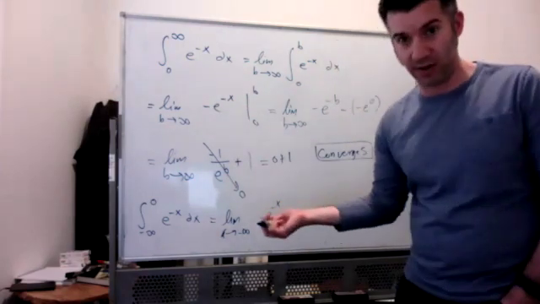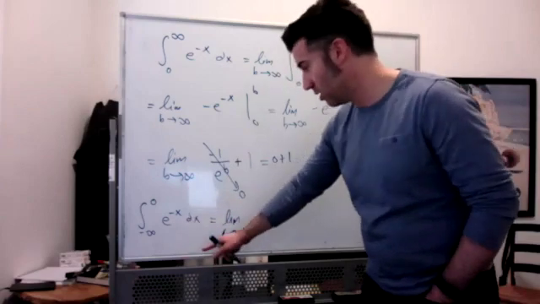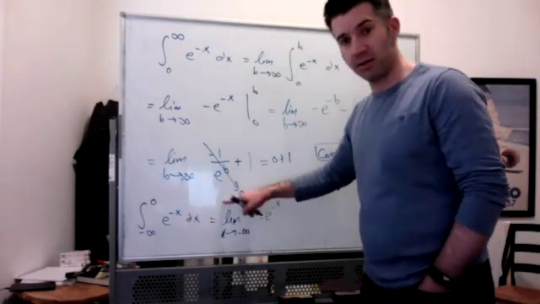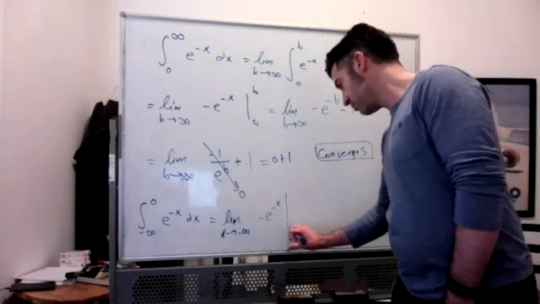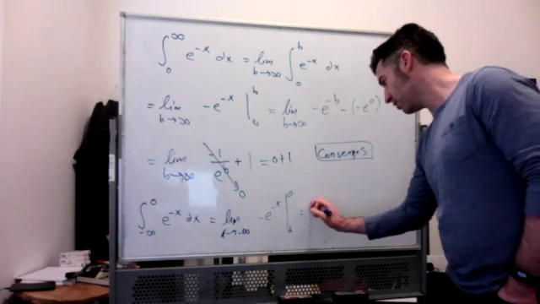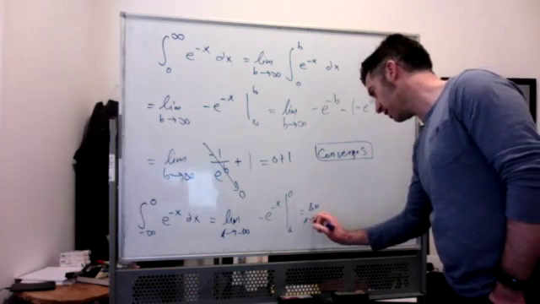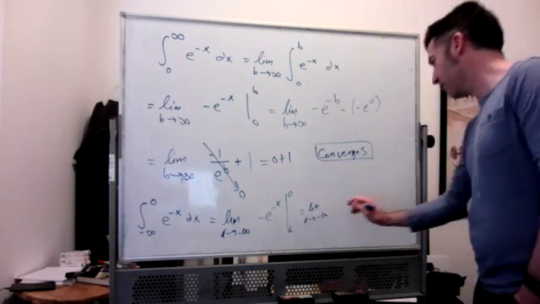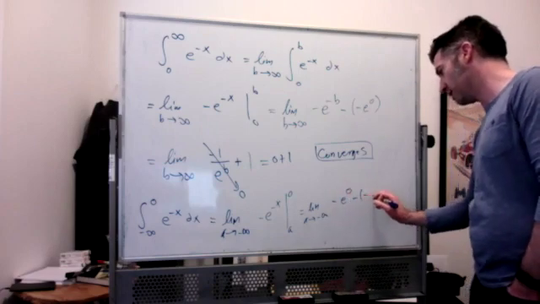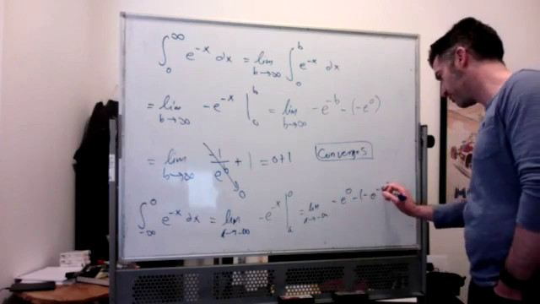We already integrated it. And the limits of integration are going to be, instead of -infinity to 0, a to 0. We plug in, we get the limit as a goes to -infinity of -e to the 0 minus -e to the negative a.